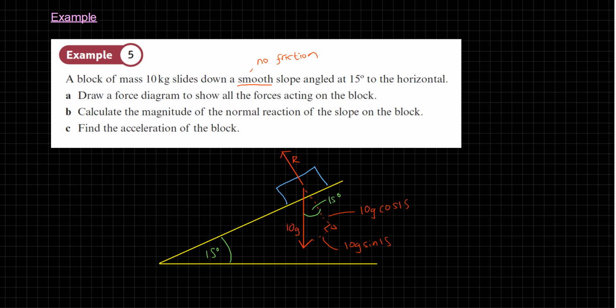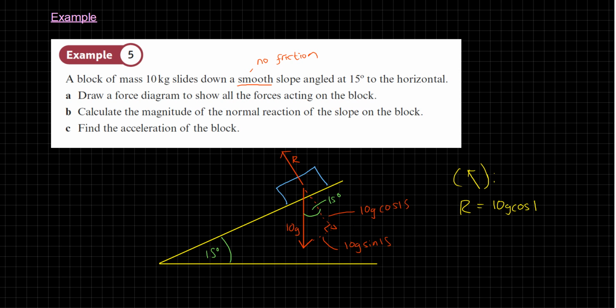Okay. Then equating the forces that are perpendicular to this plane, to the slope, we've got R going upwards, and that's equal to the 10g cos 15 in the opposite direction. Must be equal because it's not coming off the slope or going into the slope.